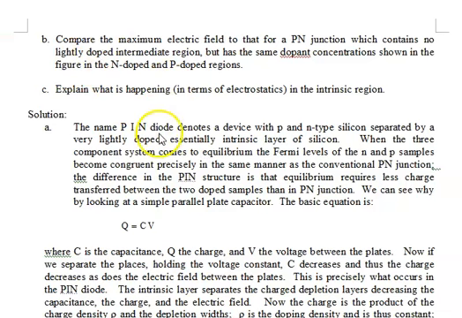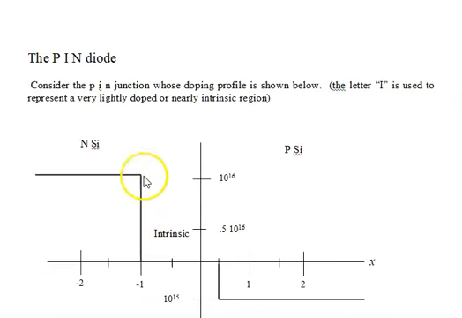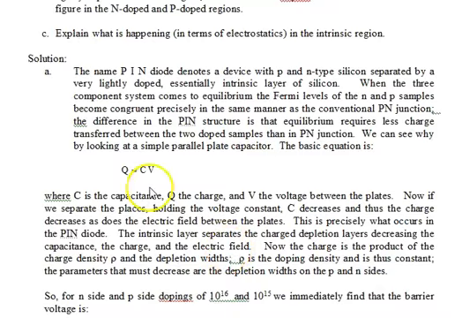So first, a little bit of explanation of what's going on here. We can look at these two interfaces right here and right here as the electrodes of a parallel plate capacitor, and the distance between the electrodes would be the width of the intrinsic region, 1.5 microns.